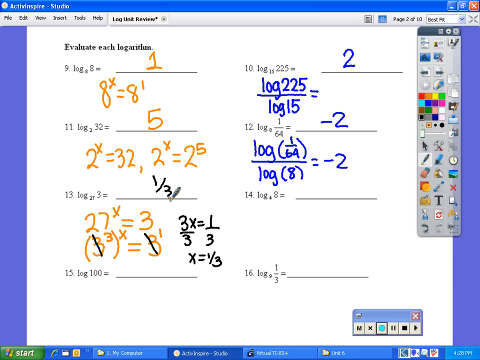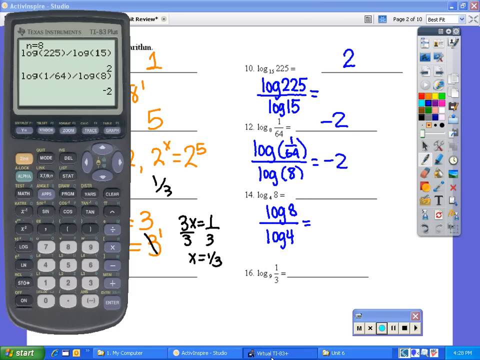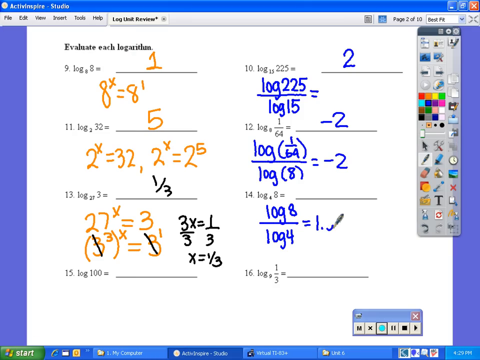Now you can also do the change of base, because like I said, some people like to show work, some people like to do something different. So what you could do is log of 8 over log of 4 and put that in your calculator, and you'll see you get 1.5.